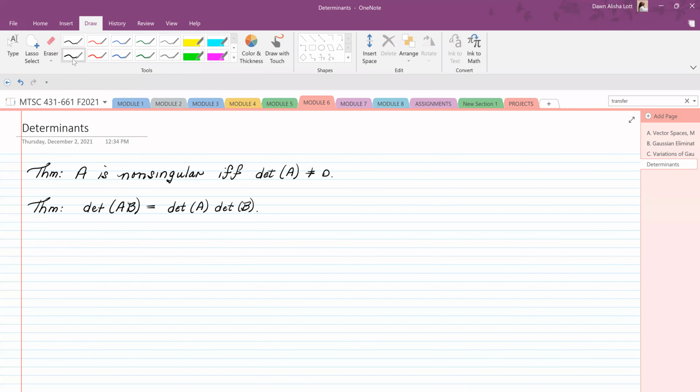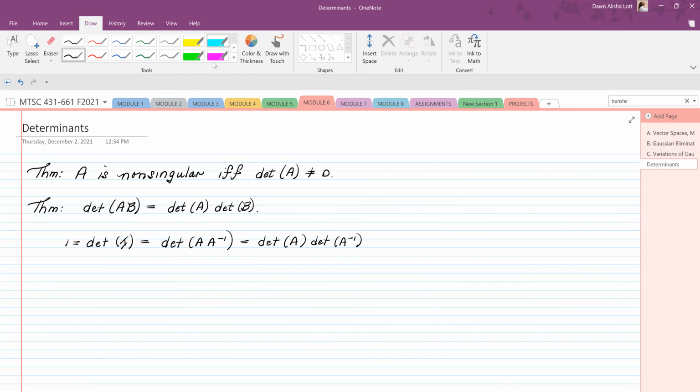Okay, now it's back. So the determinant of the identity matrix, we know that's 1. And that's the determinant of A times A inverse, which is the determinant of the matrix A times the determinant of the matrix A inverse.